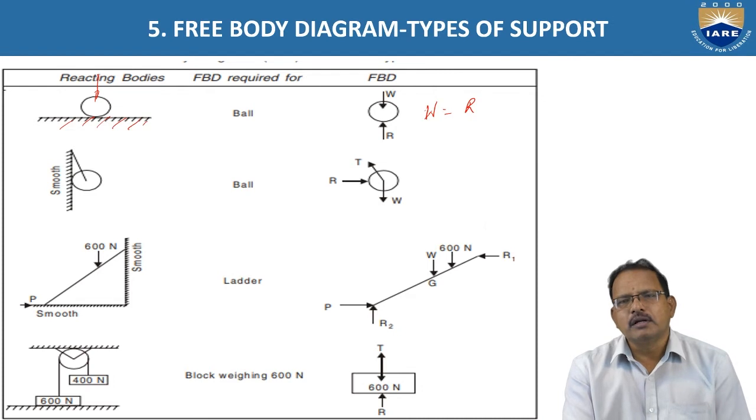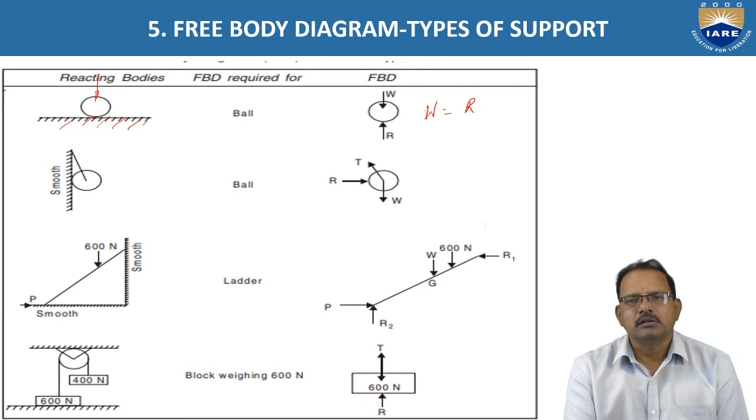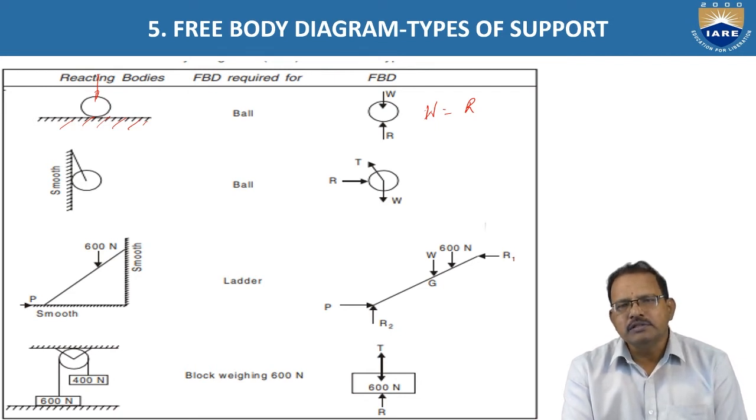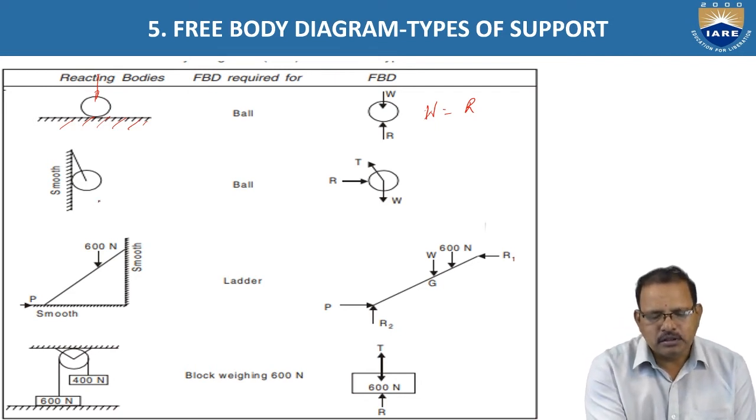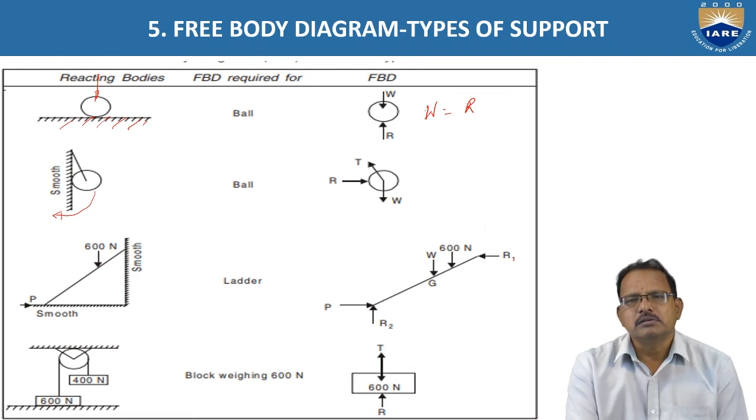The second figure represents a ball hanging vertically downward. If the vertical surface is not there, the body tends to move in the clockwise direction.